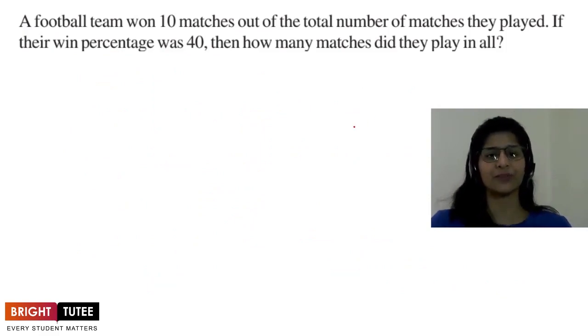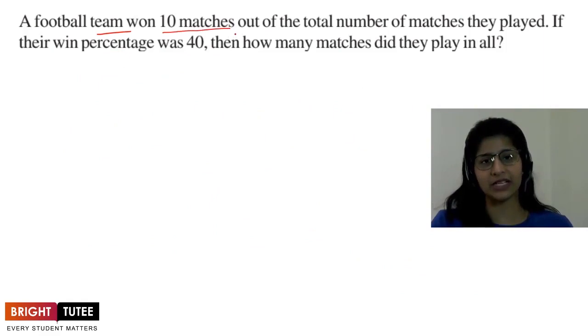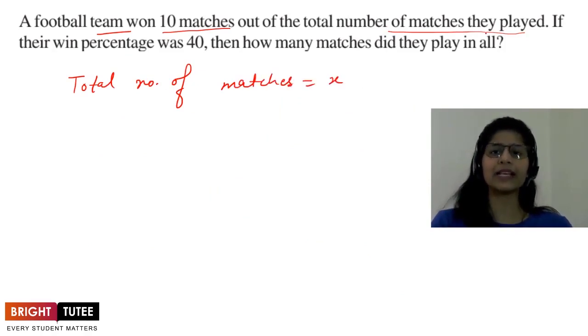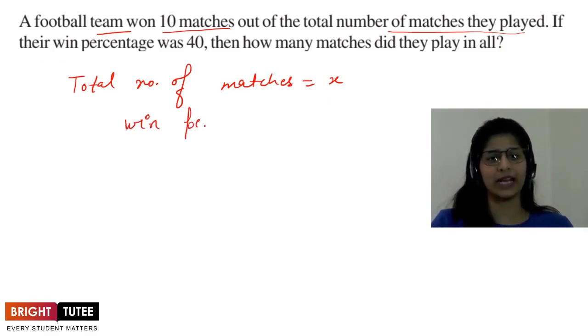Here is another question. They are saying a football team won 10 matches out of total number of matches they played. So total number of matches is not given. We will consider total number of matches as X. Fine? Okay. They are saying their win percentage was 40%.